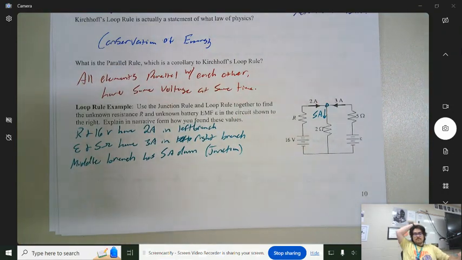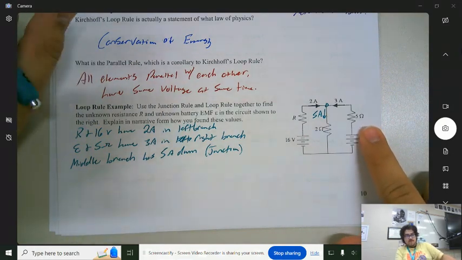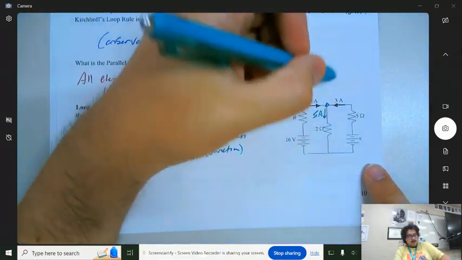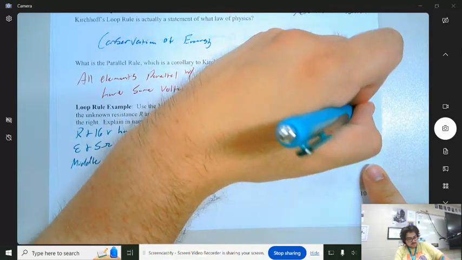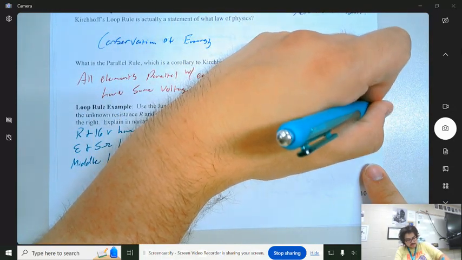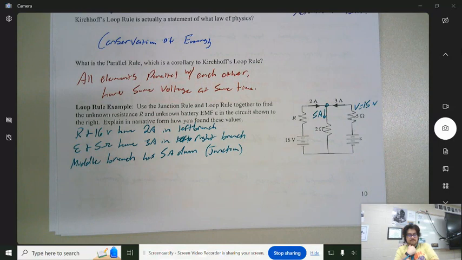Now, one thing to also notice is that we need to figure out the voltage drop across everything. Well, we know that the voltage drop here, V equals IR, I is 3, R is 5, V is equal to 15 volts here.